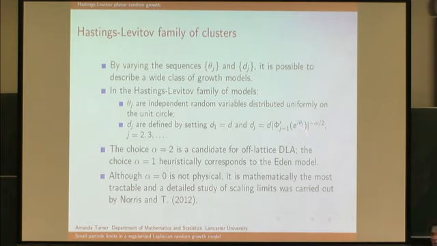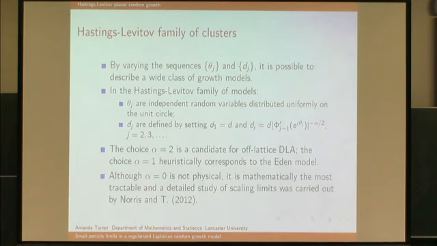So, for instance, this process dj is not at all Markovian. And a second problem is that the derivative of this map is evaluated on the cluster boundary, and typically conformal mappings are quite badly behaved on the cluster boundary. So these models, although we can write them down and simulate from them, are actually very, very difficult to study.